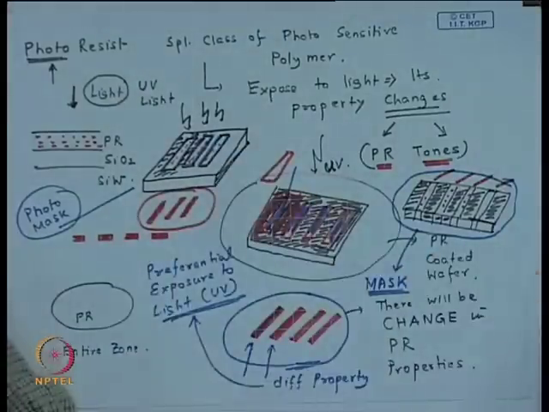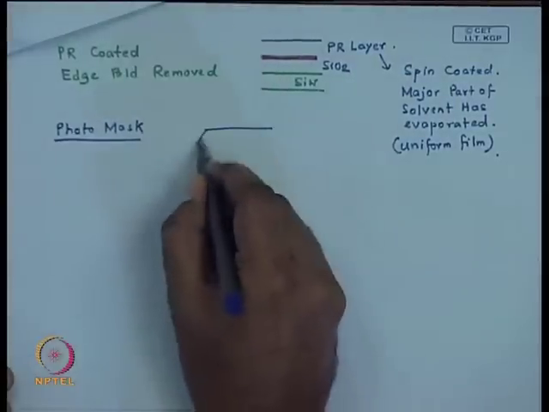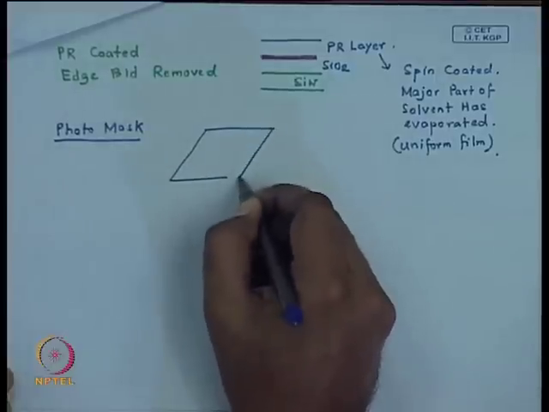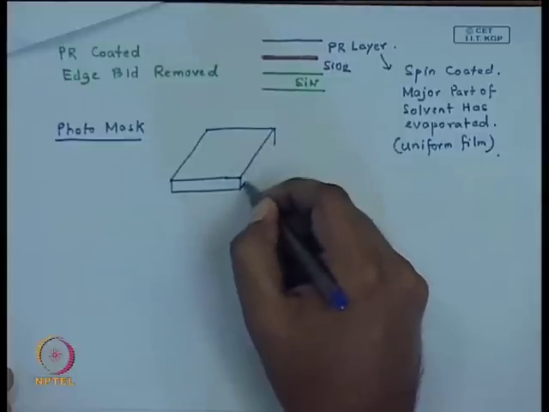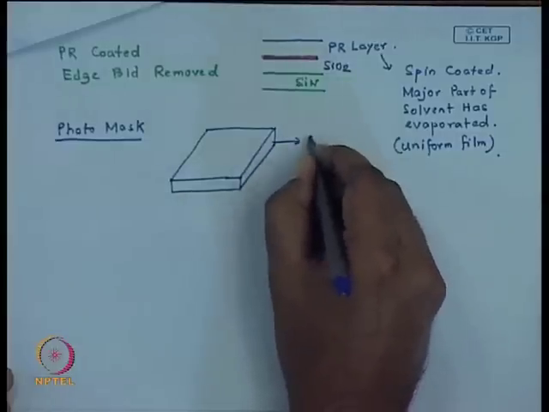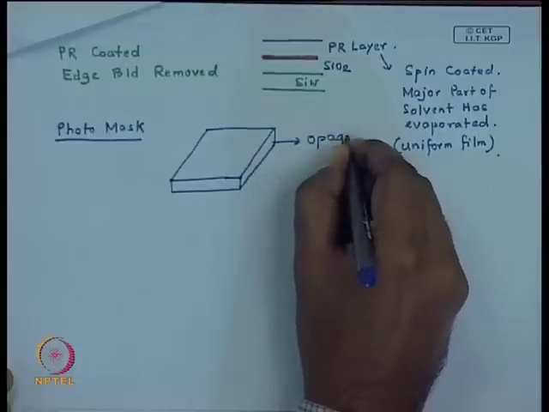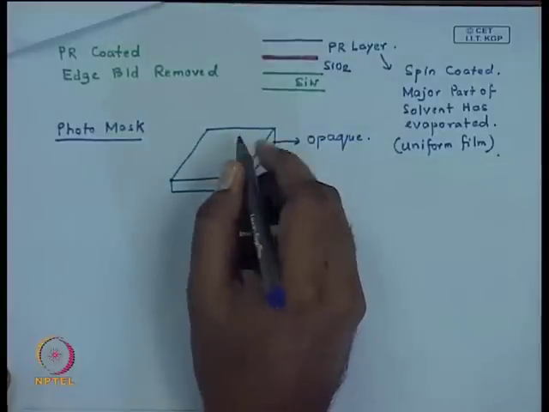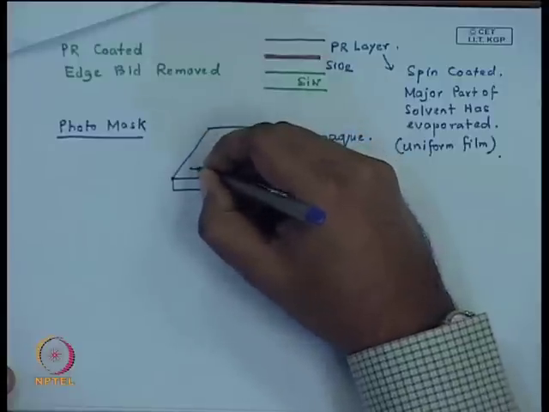Now, we refine our definition a little bit. A photomask is an opaque plate. So, it is a plate. Overall the plate is opaque with holes or transparencies, not holes, I mean some domains of transparency.